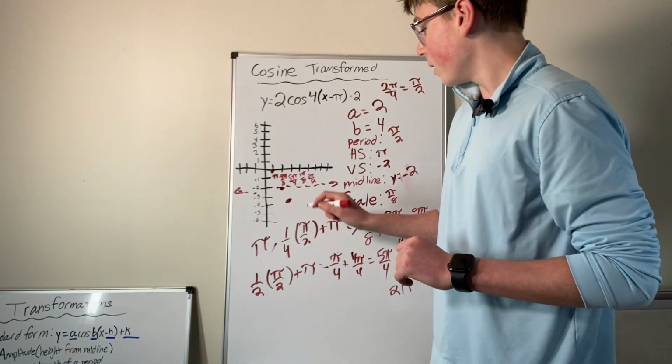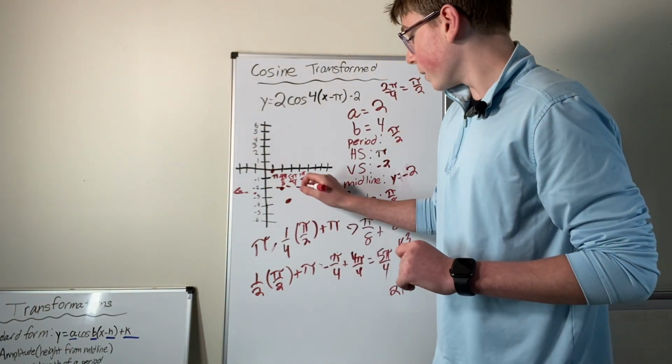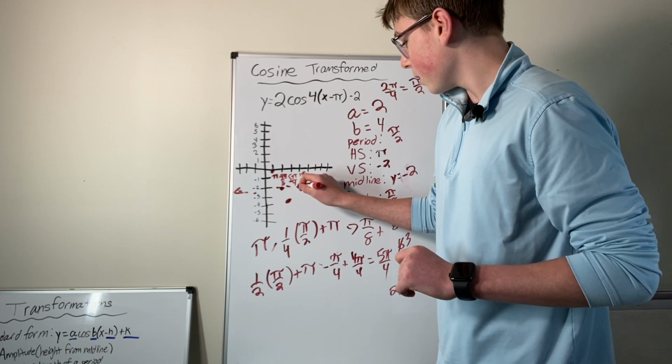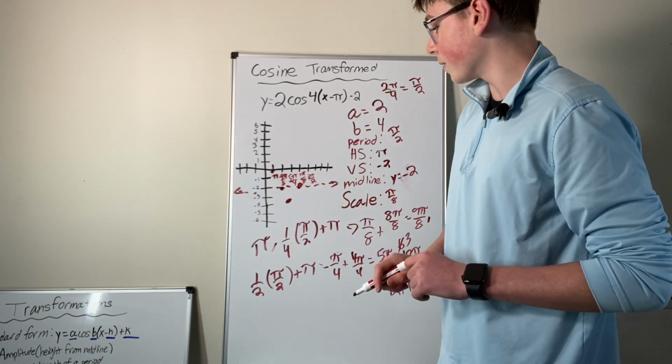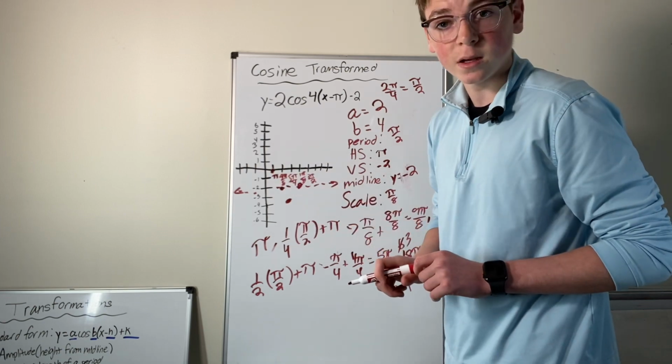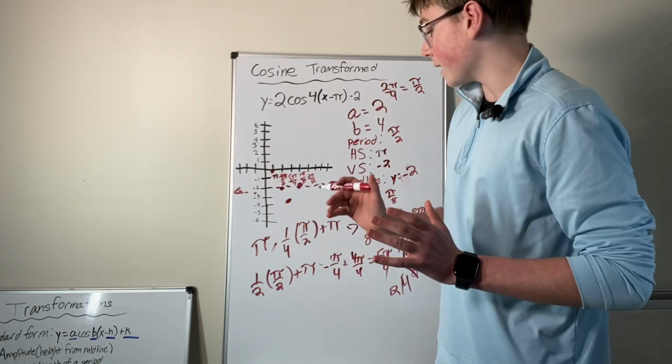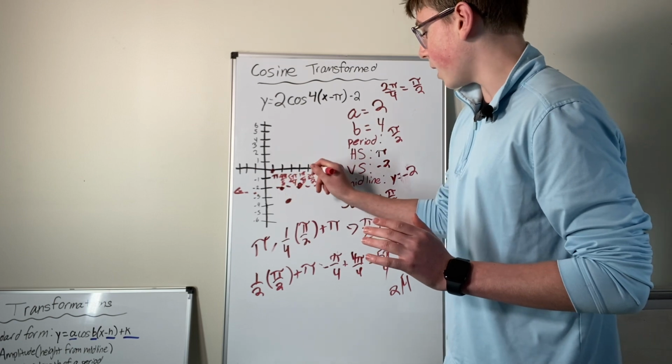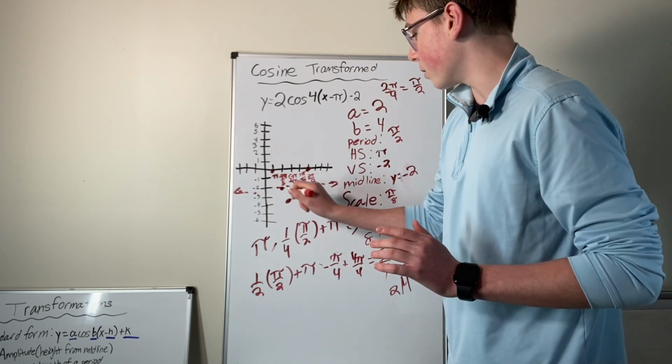Then at 11 pi over 8, we go back to the midline. And then at 3 pi over 2, we have to land in the same place we were at the start because it's our 5th point, and we've gone through our whole cycle. So we go back up to 0.